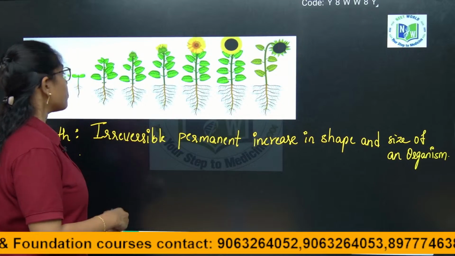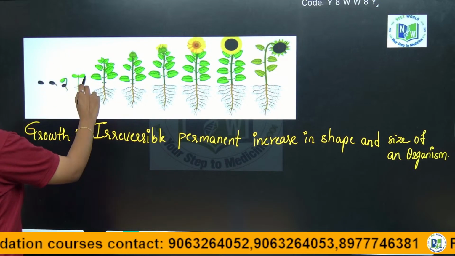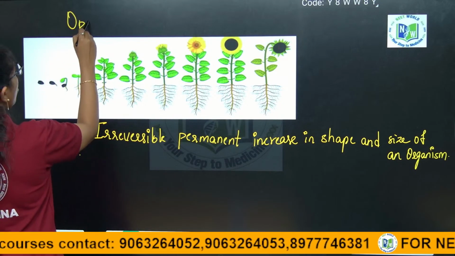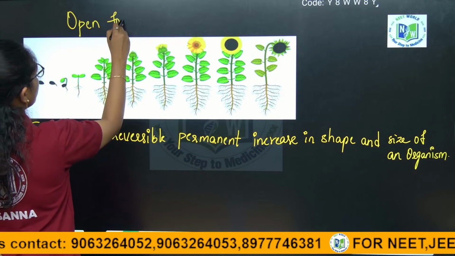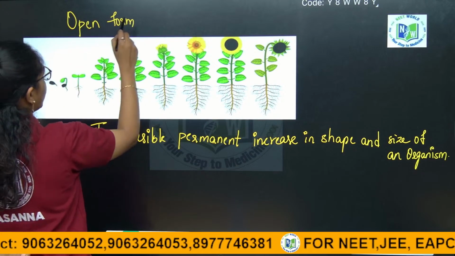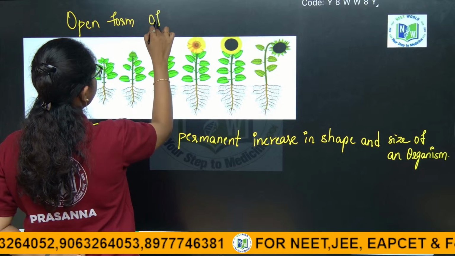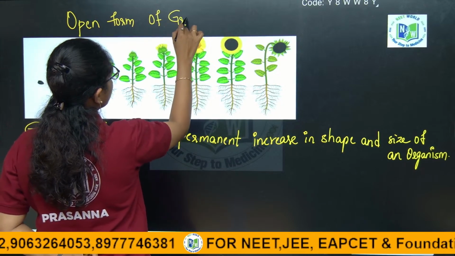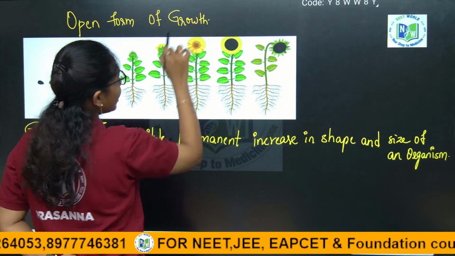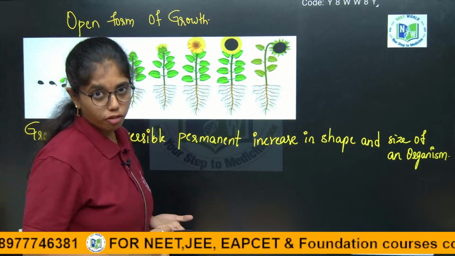So, yes, growth in plants is called open form of growth. This is because in plants there are two kinds of meristems.